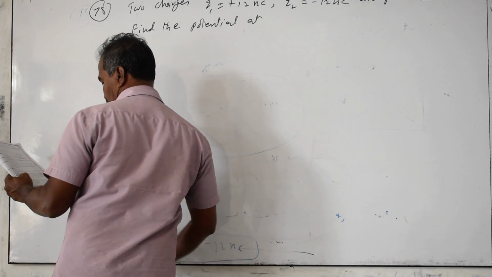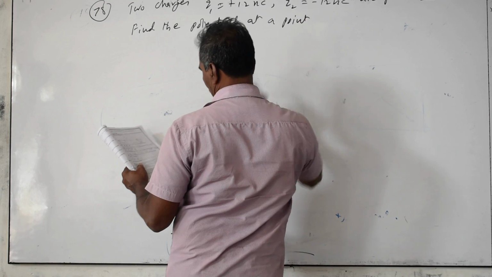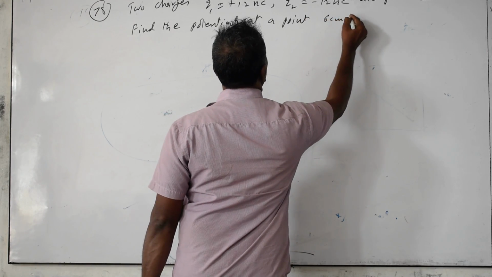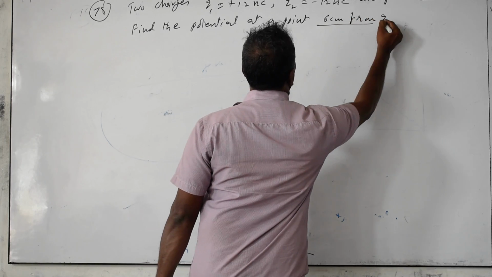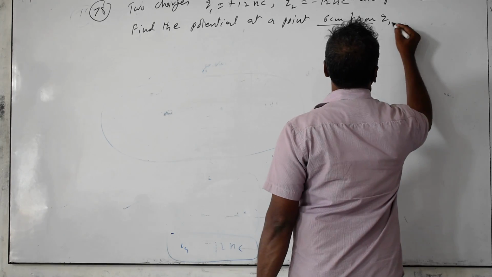Find the potential at a point 6 centimeters from Q1, on the line joining the two charges.